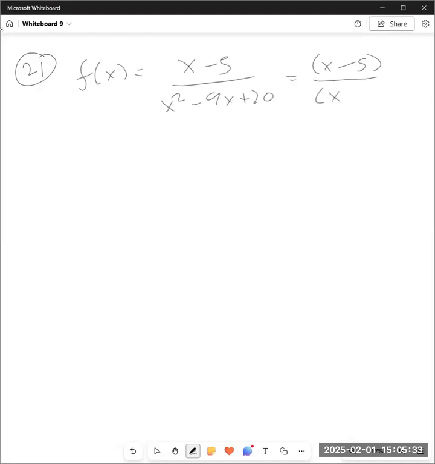F of x is equal to x minus 5 divided by x squared minus 9x plus 20, which is x minus 5 over x minus 4 times x minus 5.